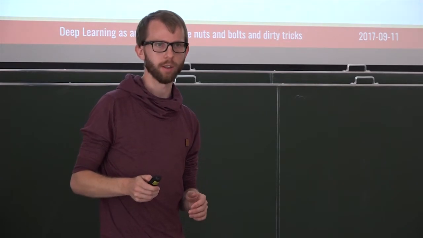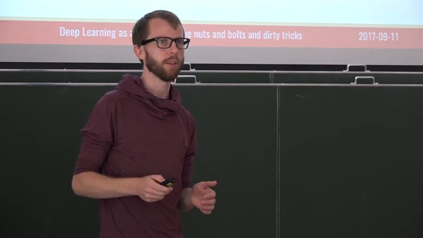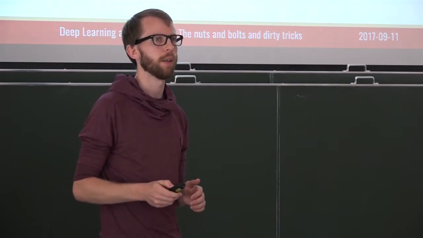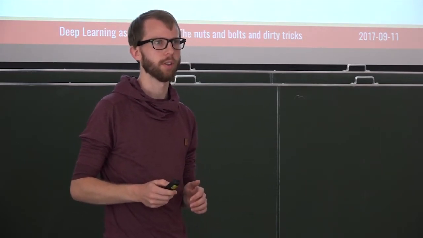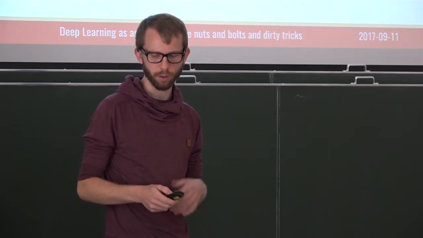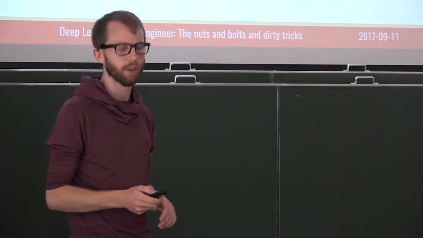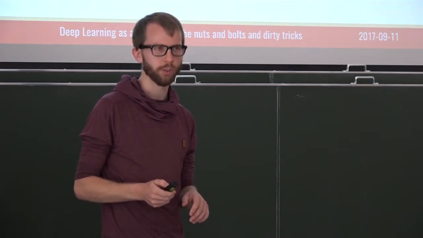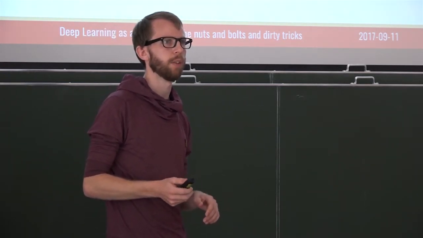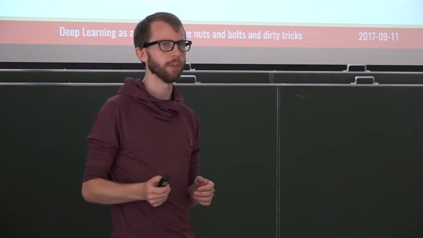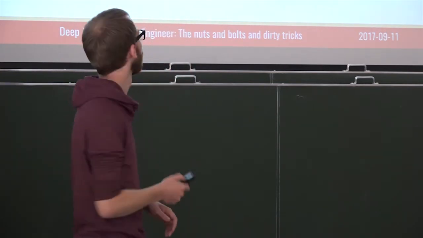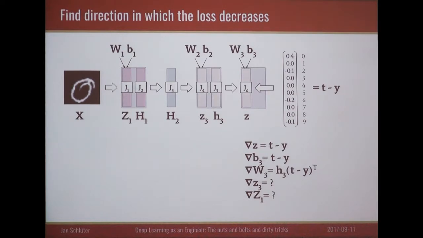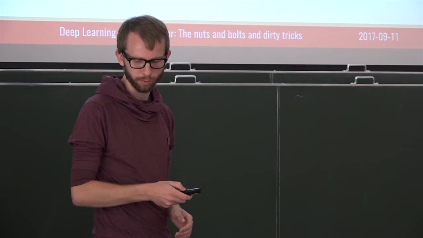So what we do now is we replace each of these mappings by a linear transformation, a matrix that quantifies how the output changes if the input changes. And these matrices are the Jacobians of these functions. That's the generalization of the gradient for multi-dimensional input, multi-dimensional output functions.